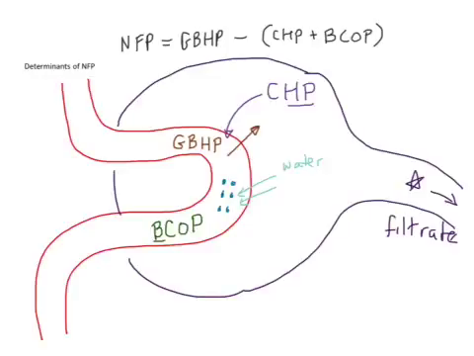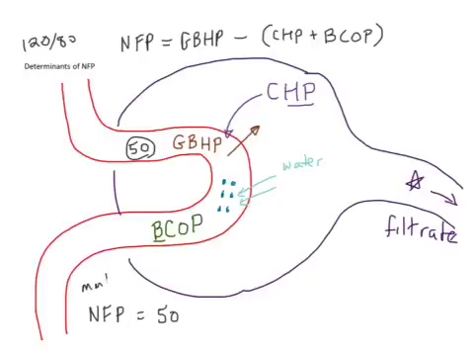So in calculating this, if a person's blood pressure was 120/80 in their brachial artery, like we check at the grocery store, then the glomerular blood hydrostatic pressure is about 50 millimeters of mercury. So net filtration pressure, let me draw this where it looks like I know how to write. Net filtration pressure equals 50.